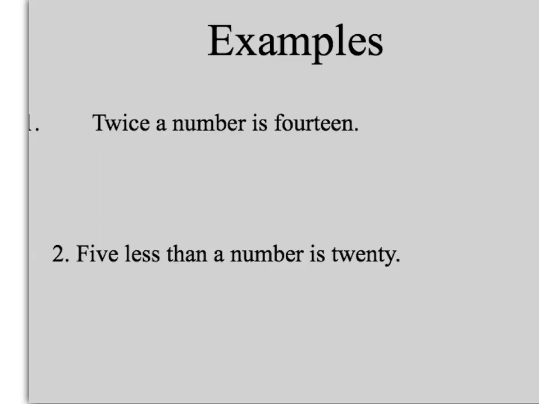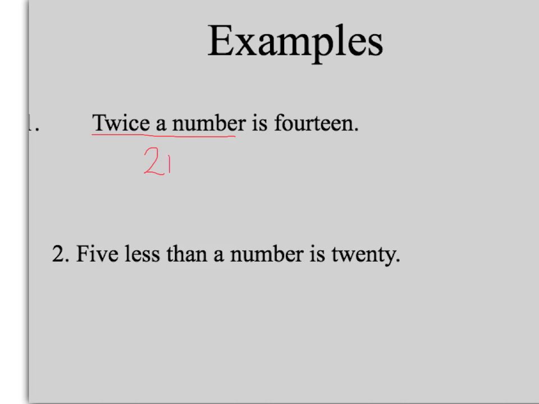So if you look at the other part of your organizer today, you'll look at number 1. It says twice a number is 14. We learned just a minute ago that when it says twice a number, that means 2 times a number. And when they say a number, we don't know what that number is, so in place of that, we put a variable.